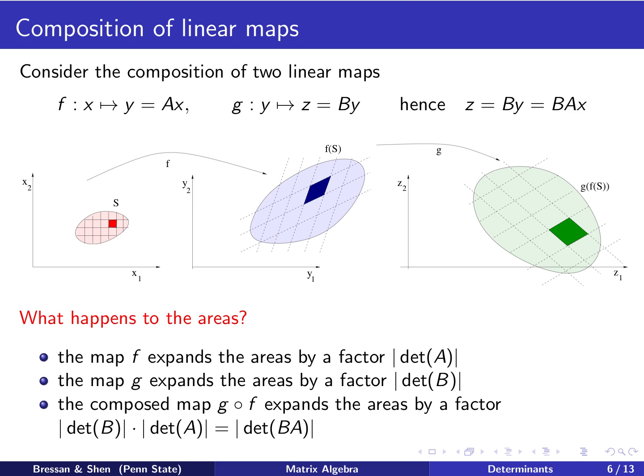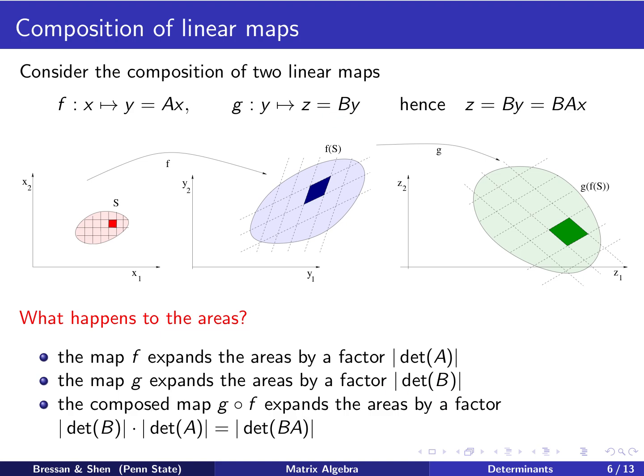Okay, so from what we have studied, we know that this map F would expand this area, assuming the determinant is bigger than 1 in absolute value. So it expands it by a factor of the determinant of A in absolute value. And then similarly, from here to here, the map G does a similar thing. It also expands the area by a factor of the determinant of B, the associated matrix.